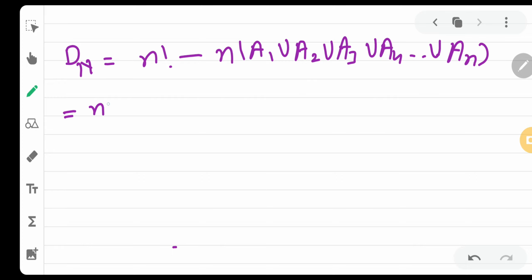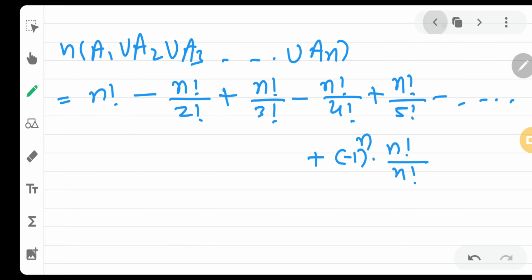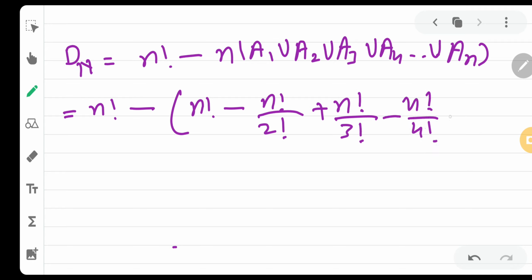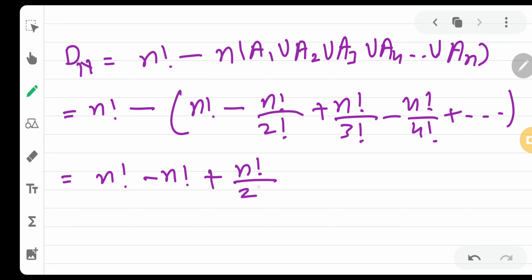So this will be nothing but n factorial minus n factorial minus n factorial upon 2 factorial plus n factorial upon 3 factorial minus n factorial upon 4 factorial plus and so on. This will continue. So changing the signs, n factorial minus n factorial plus n factorial upon 2 factorial minus n factorial upon 3 factorial plus n factorial upon 4 factorial, and this process continues.